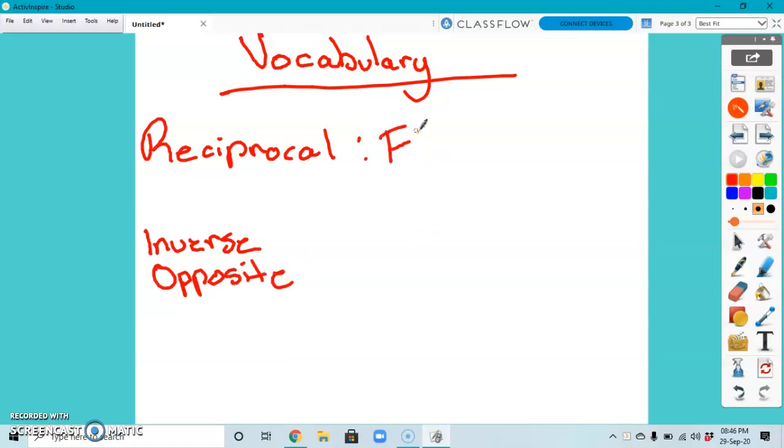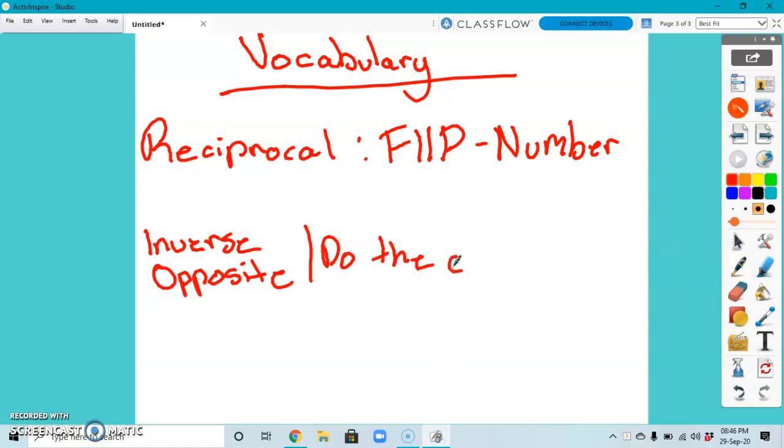Reciprocal means to flip your number, and inverse and opposite is to do the opposite, of course.